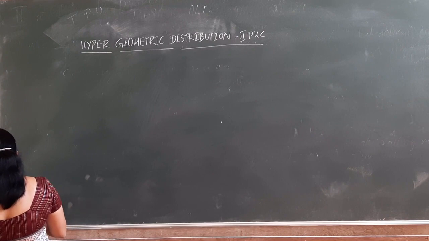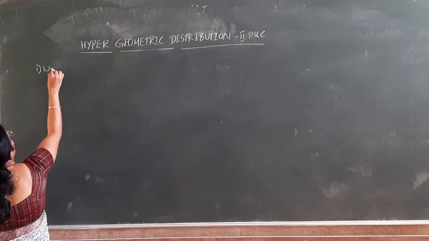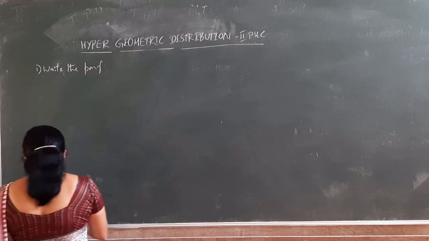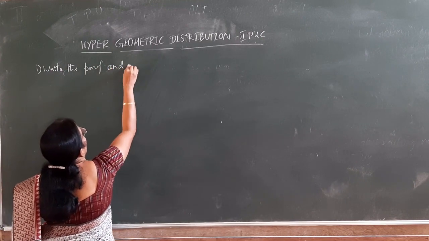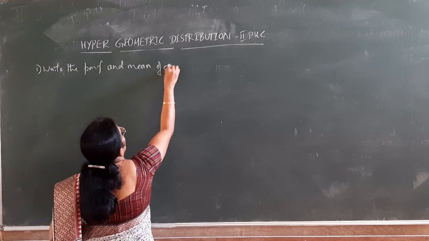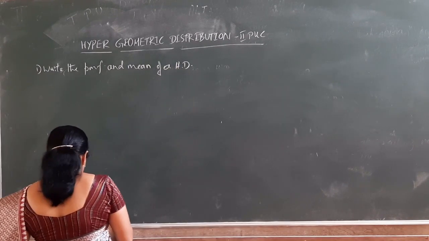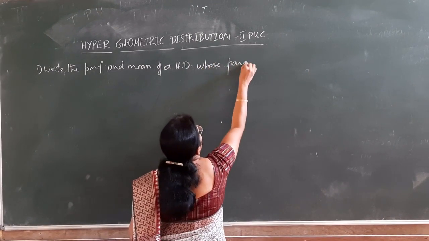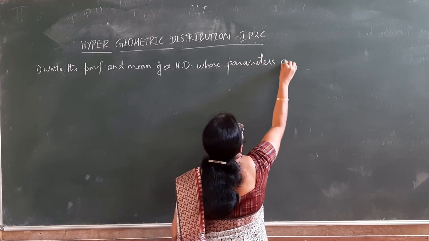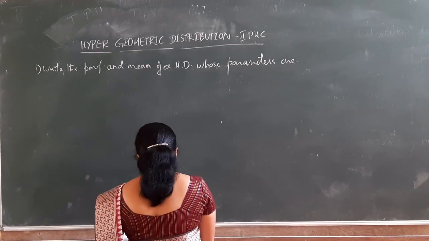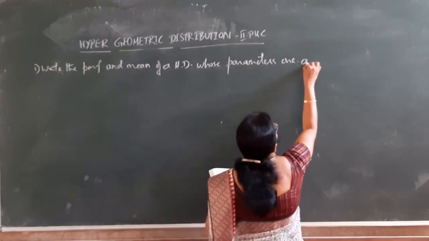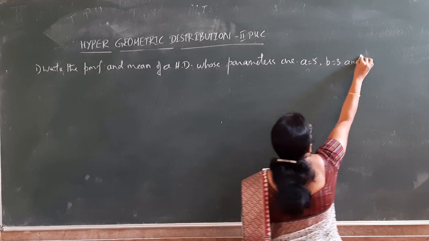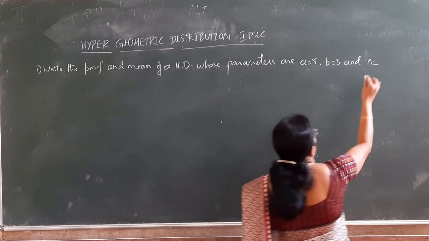Now, first problem. Write the probability mass function and mean of a hypergeometric distribution whose parameters are A equal to 5, B equal to 3, and N equal to 6.